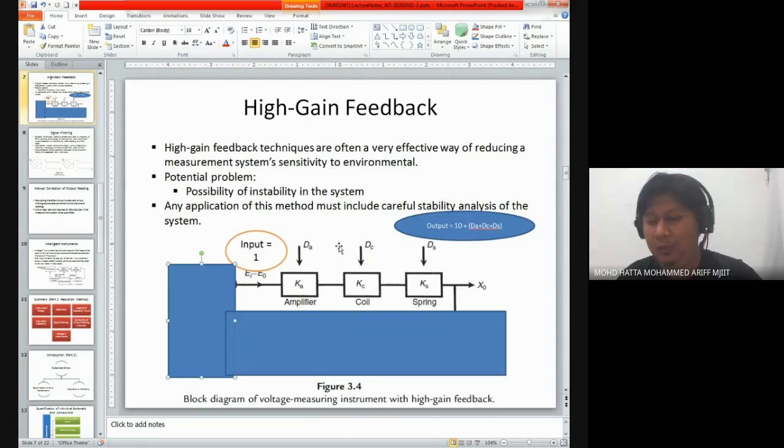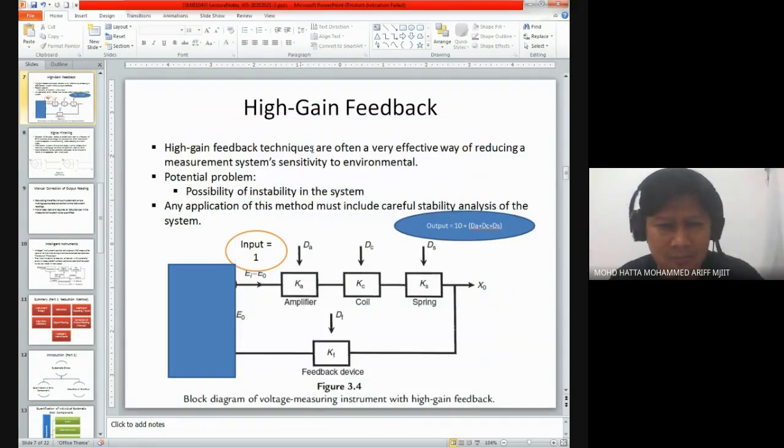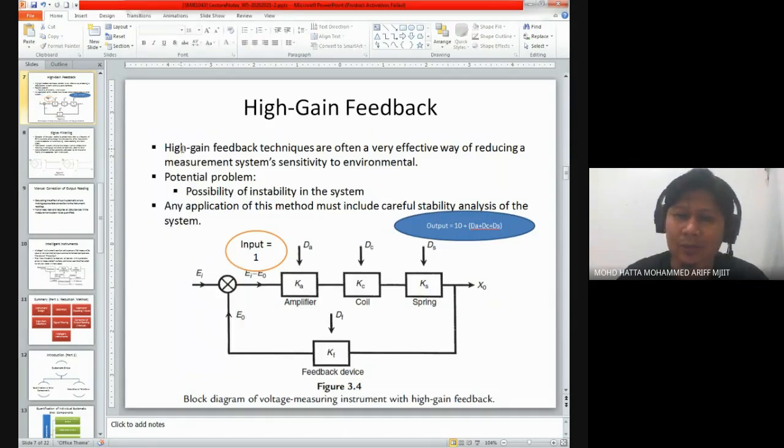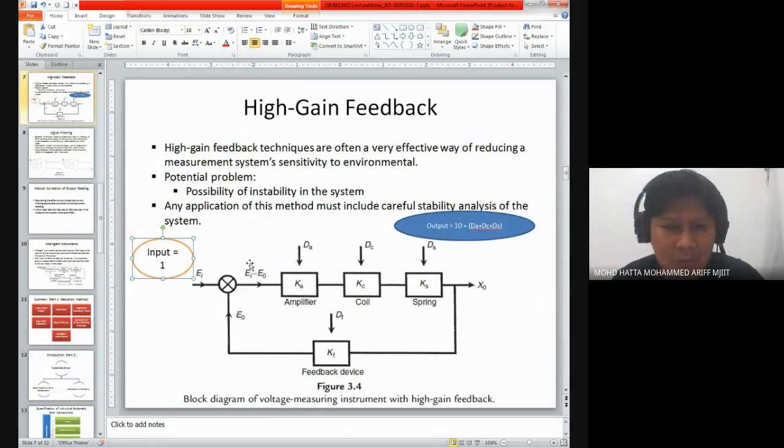So what we can do is try to partially eliminate, not 100% eliminate, but this is part of the strategy that we can use. What we try to do is feed back the output over here. We take the difference between our reference or our input, which is over here, and the feedback output.